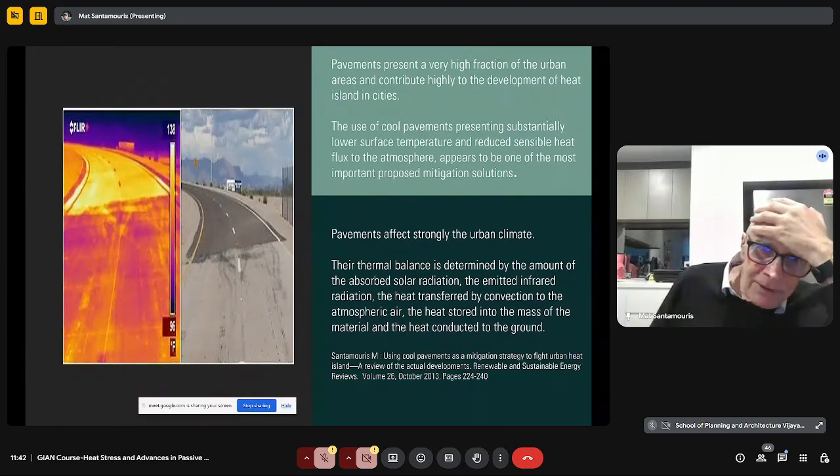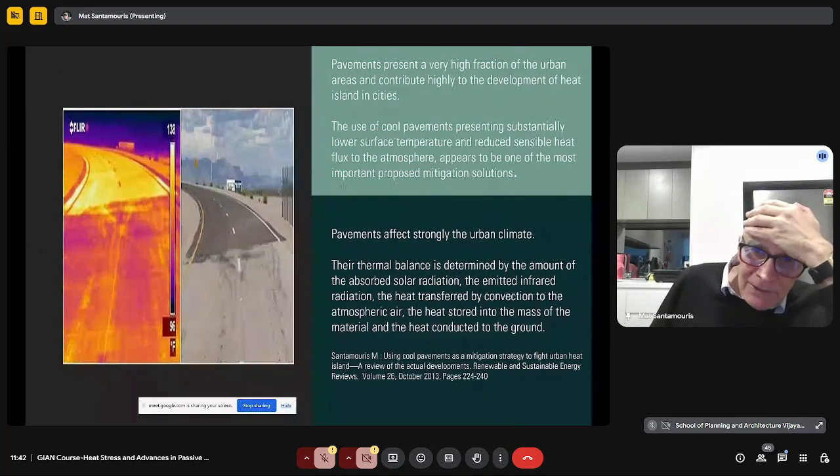For example, now we try really to decrease as much as possible the temperature of urban infrastructure, streets, as you can see here. So we are using materials, coatings, which present high reflectance. Not only high reflectance in the visible, but also high reflectance in the infrared.